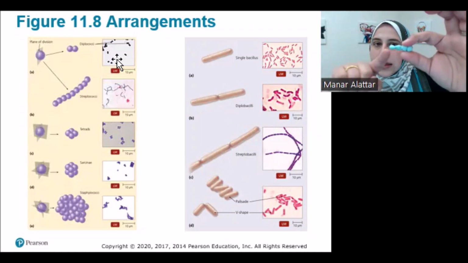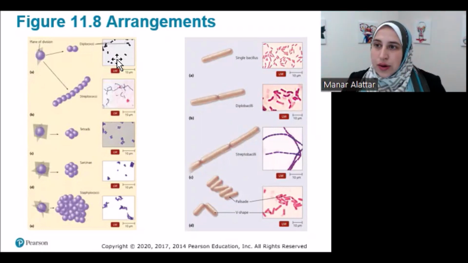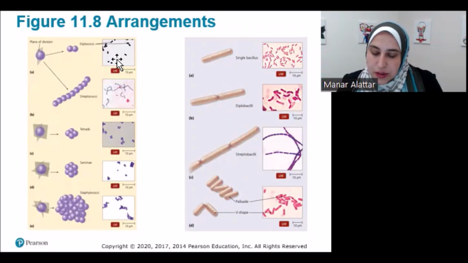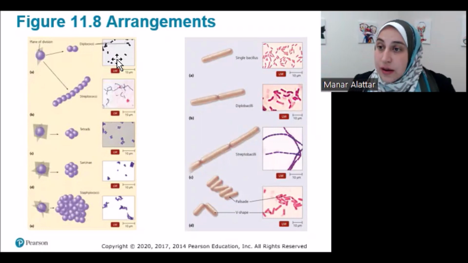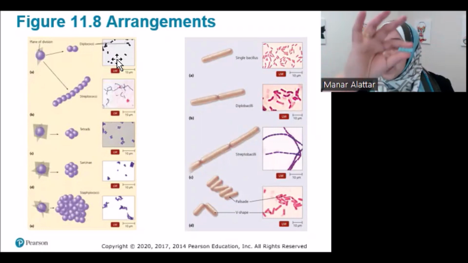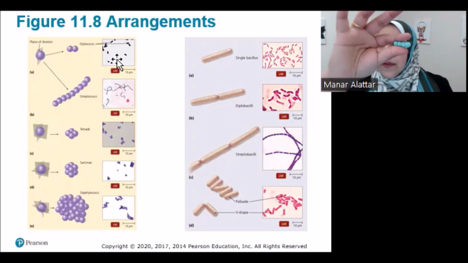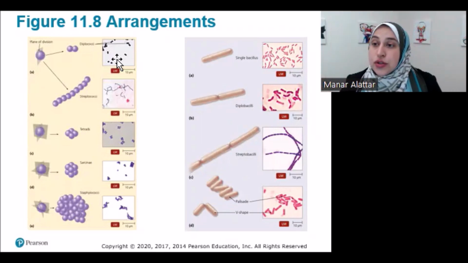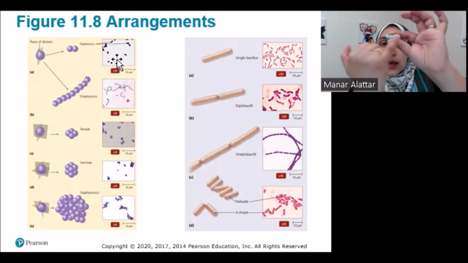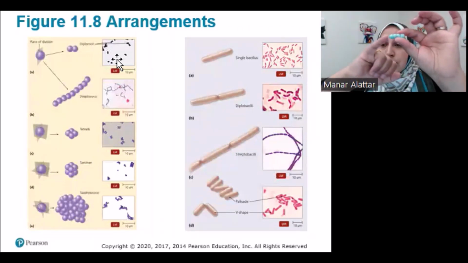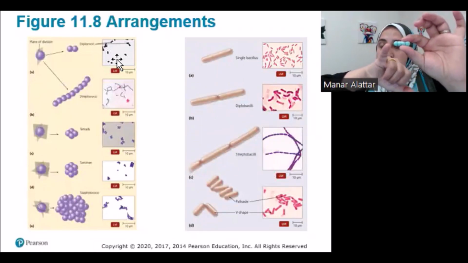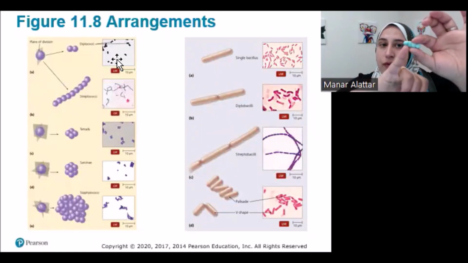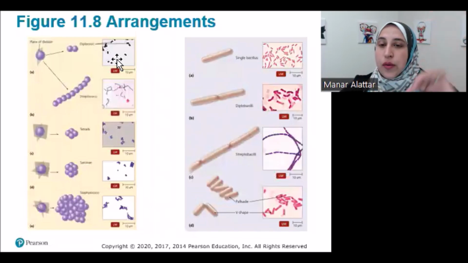And that tends to be unique to the species, not to the organism. To the species, it'll divide on specific planes, and therefore it will have that specific arrangement. And we call this streptococcus. Strepto in reference to the arrangement where we have single file or cells one beside the other, and coccus in reference to the circle shape of the organism.